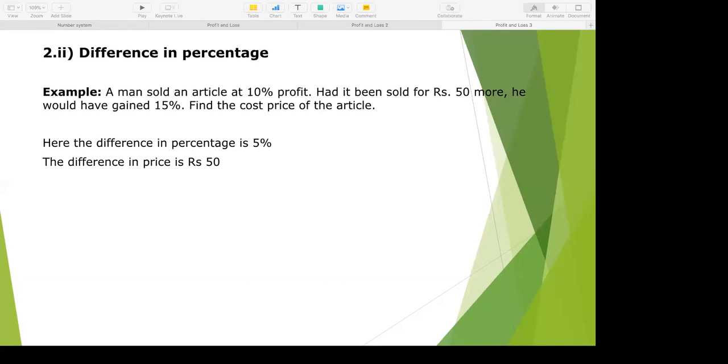So I can say that this 5% corresponds to an actual value of 50 rupees. And the CP has to be 100%. So 5% is 50, 100% will become 1000.